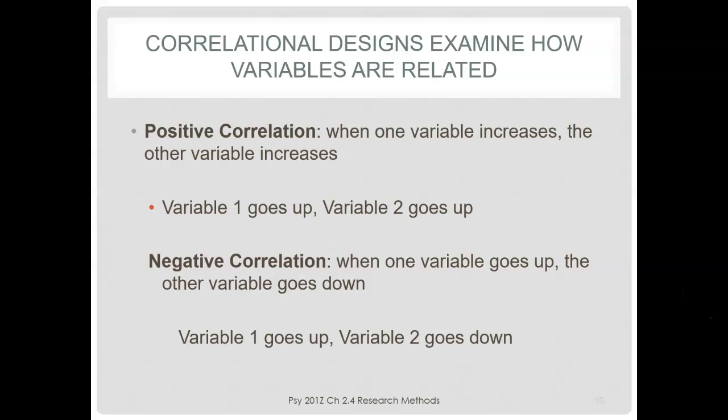If variable 1 goes up, that means variable 2 went up also. So a positive correlation just means the variables are going in the same direction. One goes up, the other goes up, one goes down, the other goes down. A negative correlation is when the variables go in opposite directions. And I'll show you what this means in just a sec.